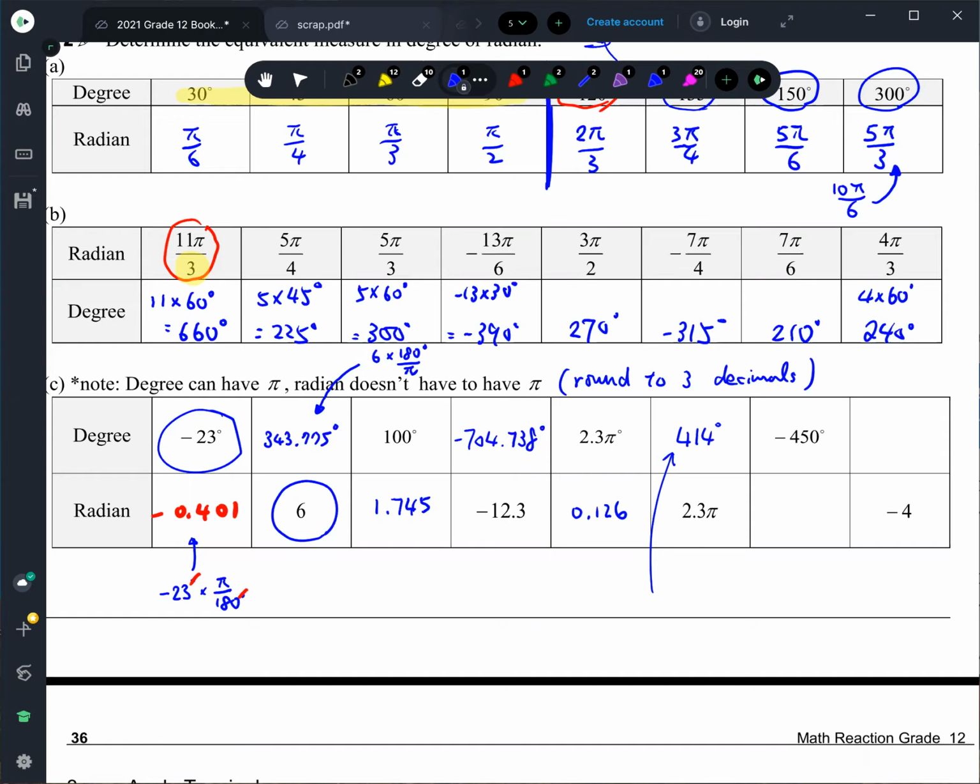Jenny, what's your answer for negative 450 degree? Negative 7.585. Can you check again?